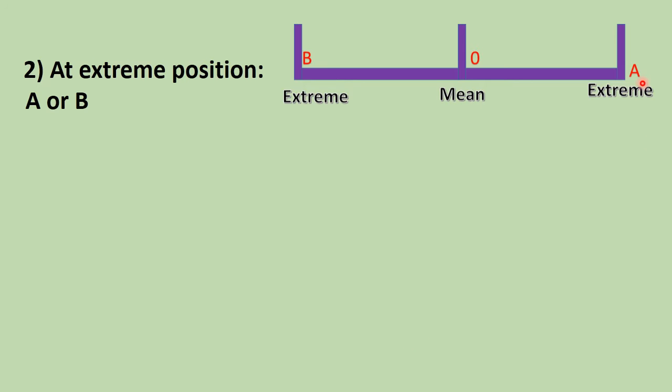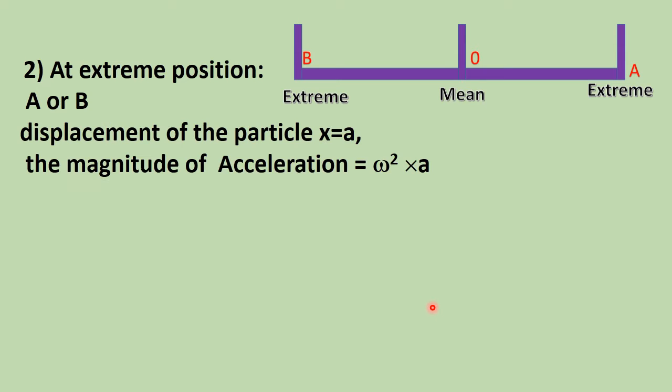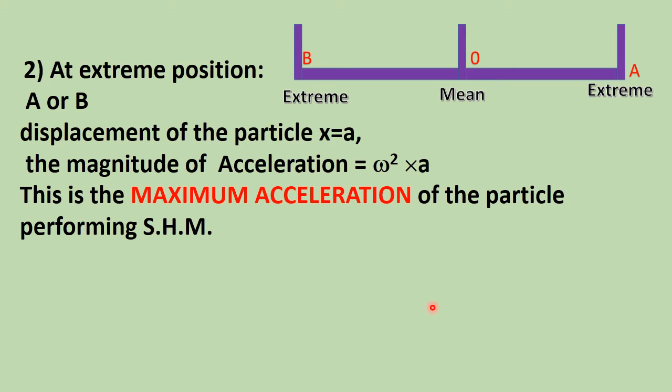The extreme position is A, as well as the extreme position B. When the particle is present at the extreme position, the displacement of the particle is equal to the amplitude, and therefore the magnitude of acceleration is given by the formula omega square A. This acceleration is known as maximum acceleration because at the extreme position the displacement of the particle is maximum.